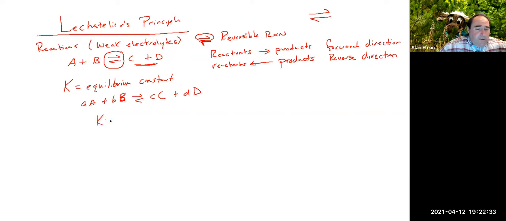The way we do the equilibrium constant is we take the concentration of the products to their exponents, divided by the concentration of the reactants to their coefficients as the exponents. And it's an equilibrium constant, which means for a given temperature, it's going to remain relatively constant.